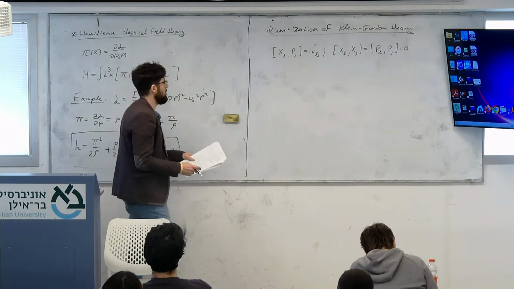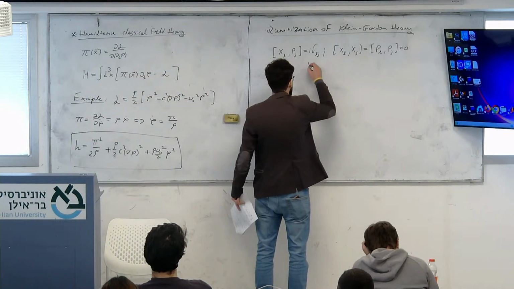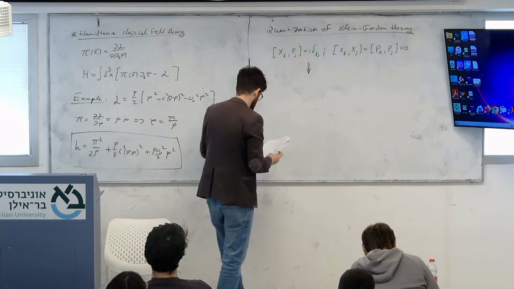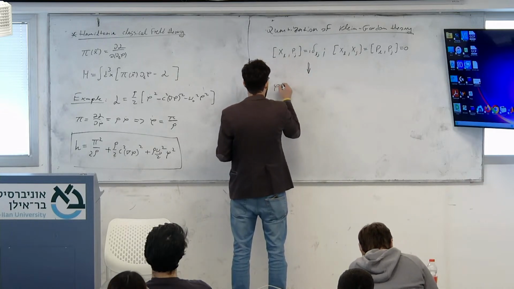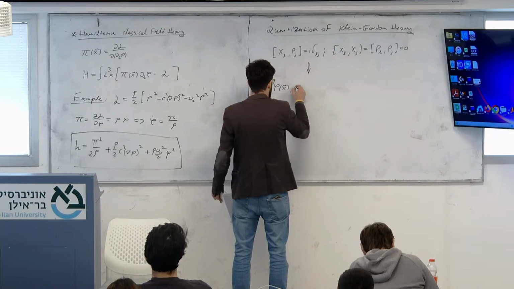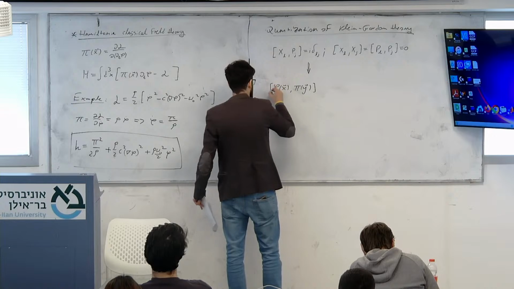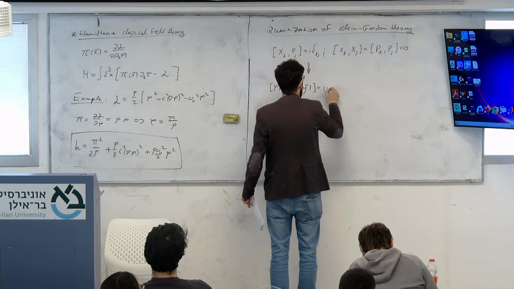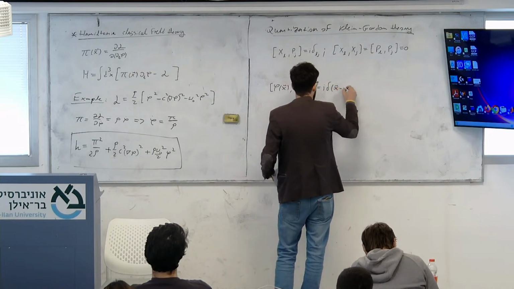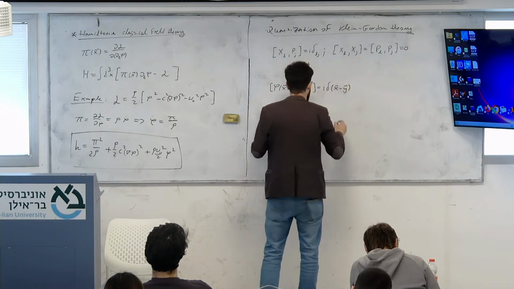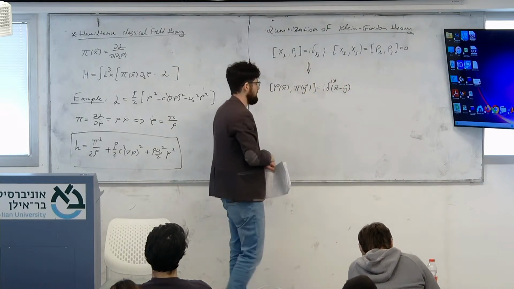So now in analogy for fields, we're going to say that phi of x and pi of y is going to be i delta of x minus y, and this is a three-dimensional delta.